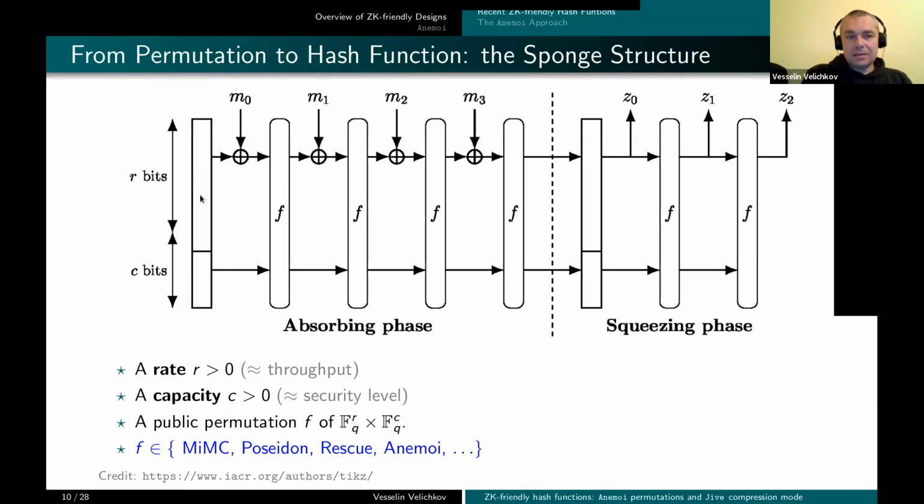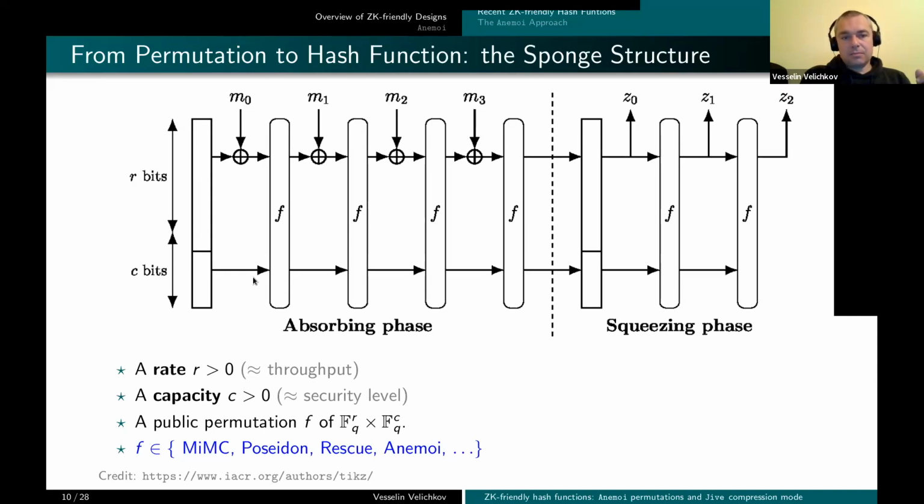So before speaking about the rate and the capacity, what happens is you start with some input here, and then you break the message that you want to hash into appropriate size chunks. In this case, we have 4 chunks. Each of them has the size of the rate, each of them is of size r bits.